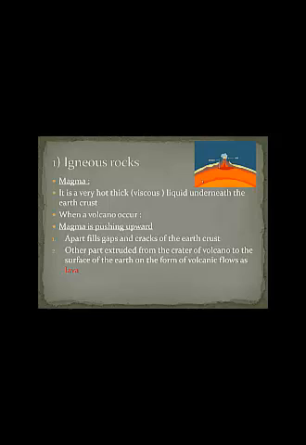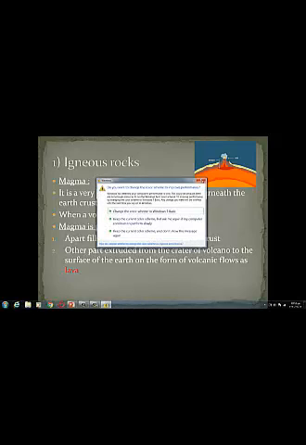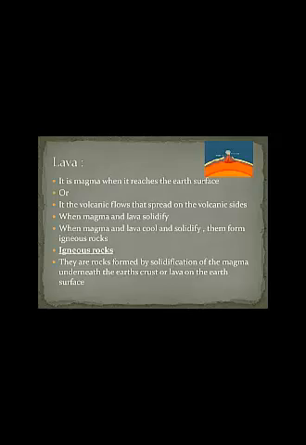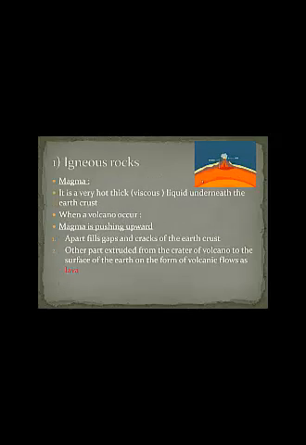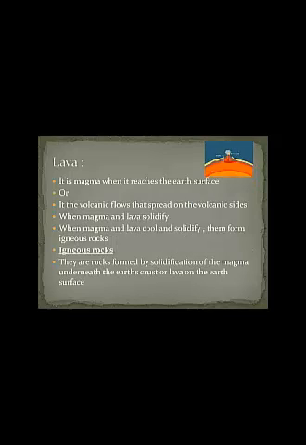Again, when a volcano occurs, part of the hot viscous liquid underneath the Earth's crust fills gaps and cracks, and the other part is extruded from the crater of the volcano to the surface of the Earth to form volcanic flows, which are called lava.